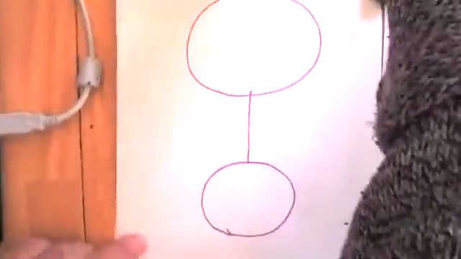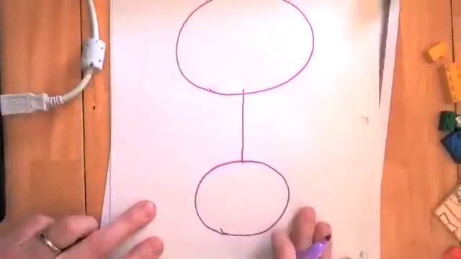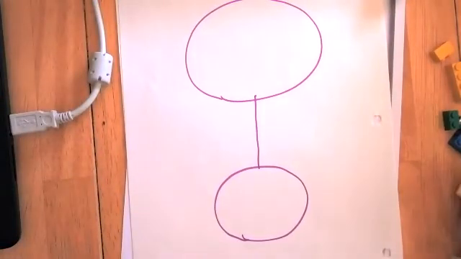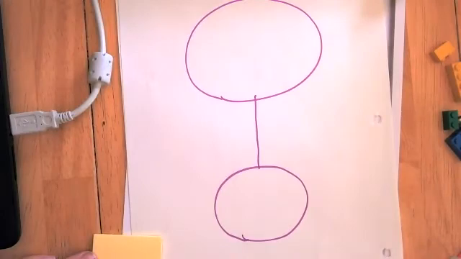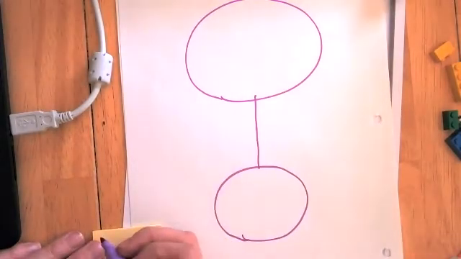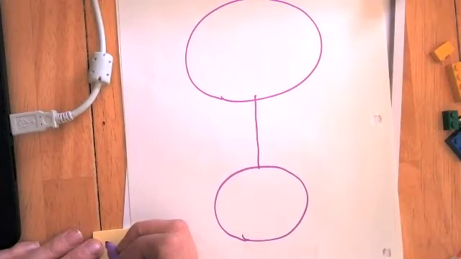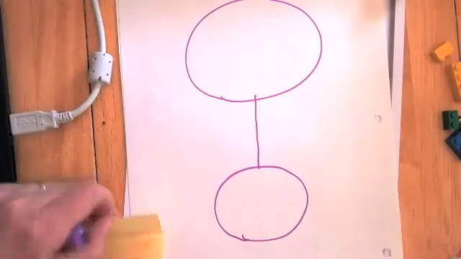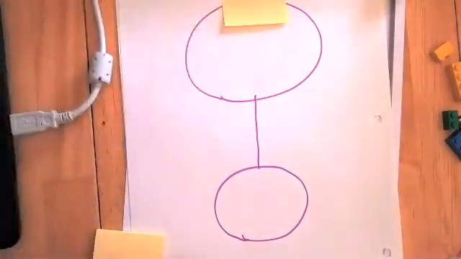Okay, now I've got different data this time. Well, I could use the Lego again. I'm using these sticky notes so I can change the titles easily. Okay, so in this one, I've got some other little toys here. So I'm going to do, if it's an animal toy, it's going to go in the top circle.